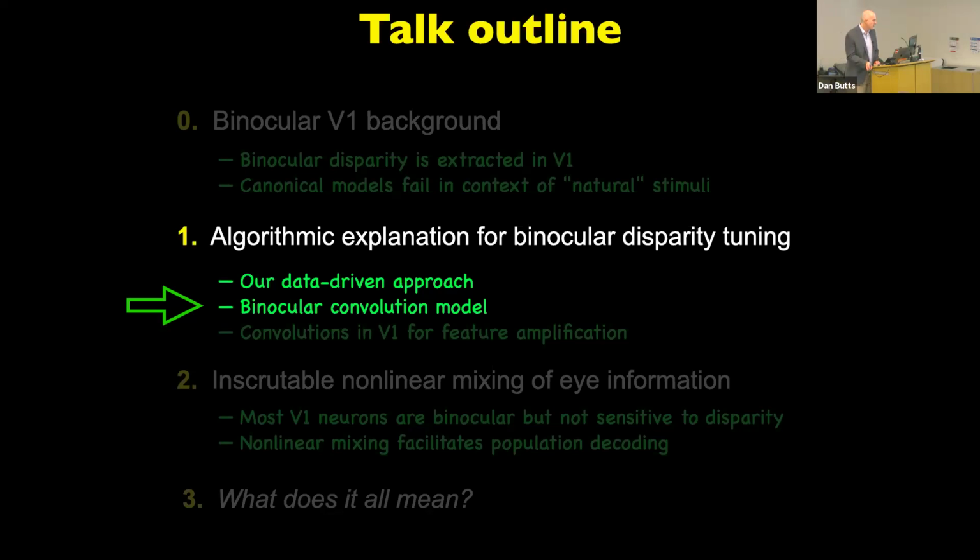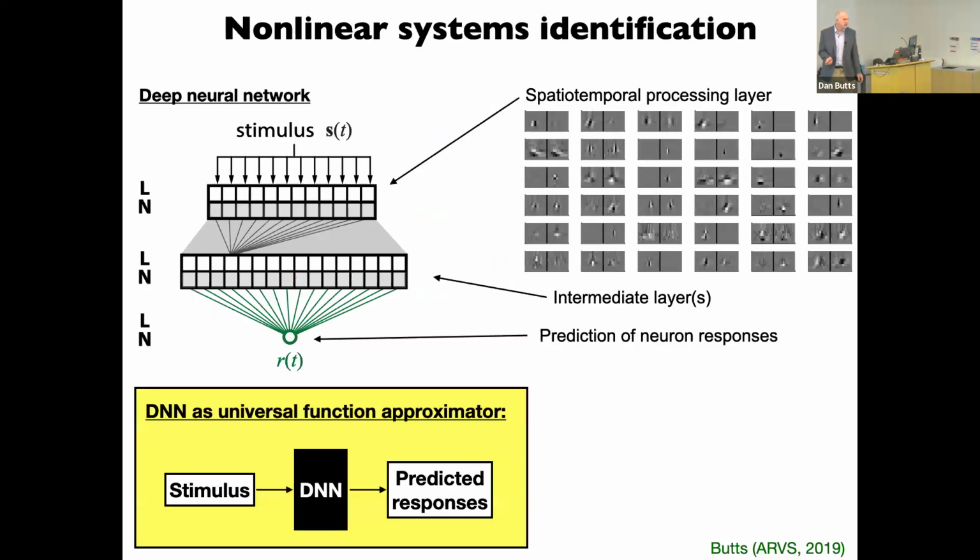The alternative approach when machine learning approaches were coming online was to say, well, let's just be agnostic to the functional form. Let's just fit a deep neural network and see if it works. I'll just summarize this in a couple of slides. You basically can have a multi-layer network, which can be thought of as a universal function approximator.